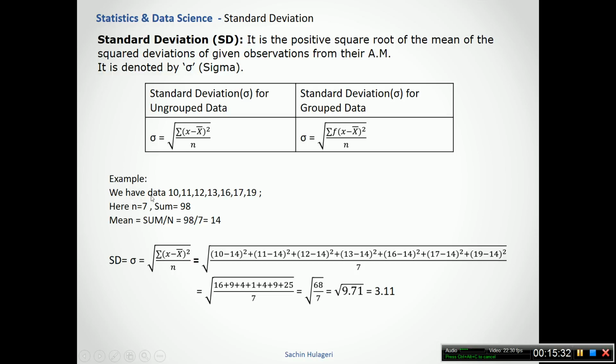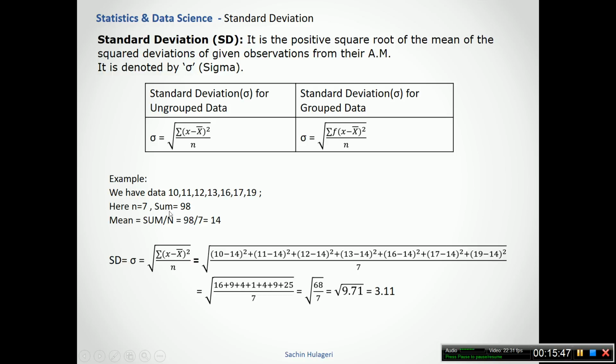For example, we have the data 10, 11, 12, 13, 16, 17 and 19. Here the number of observations is 7 and the total sum is 97. The mean value is nothing but 14. Let's calculate the standard deviation for this.